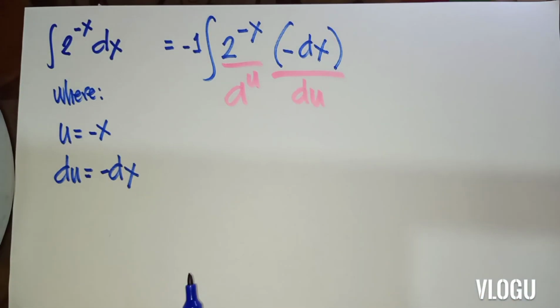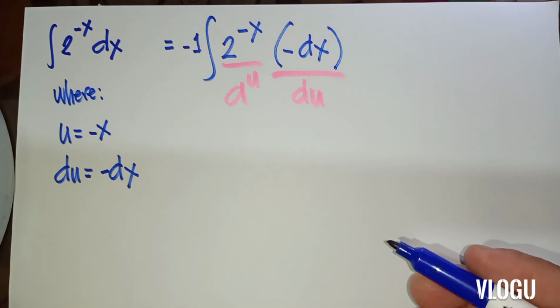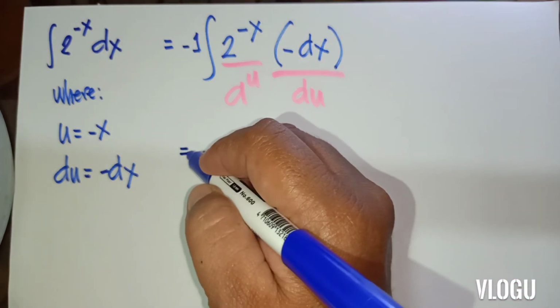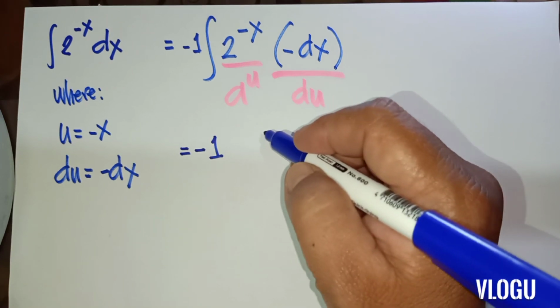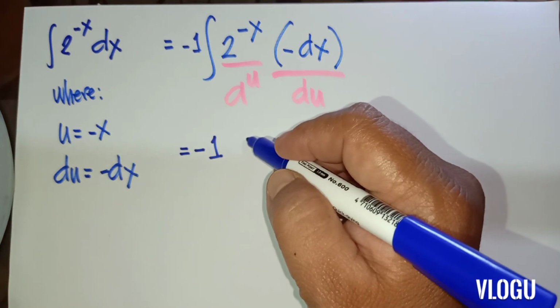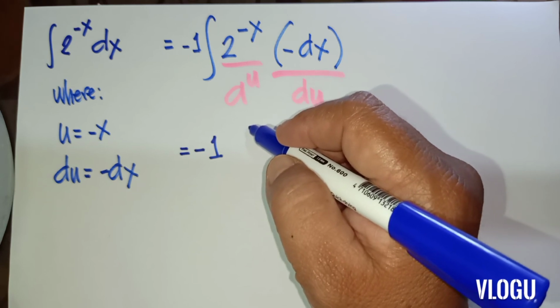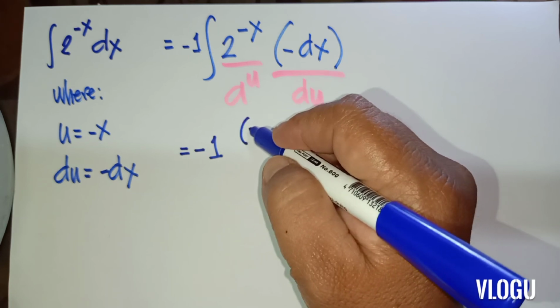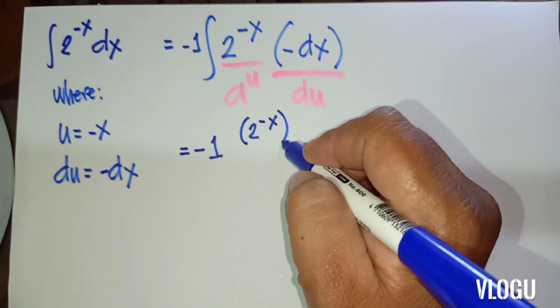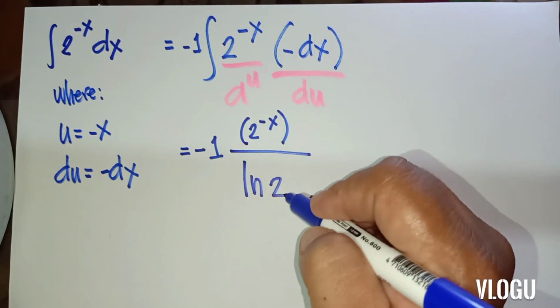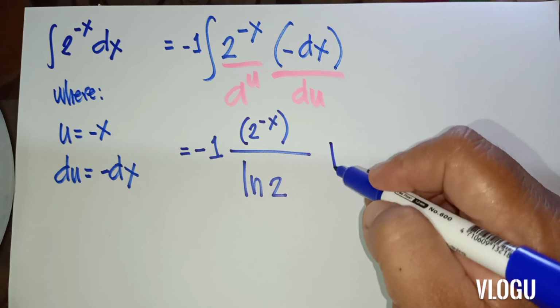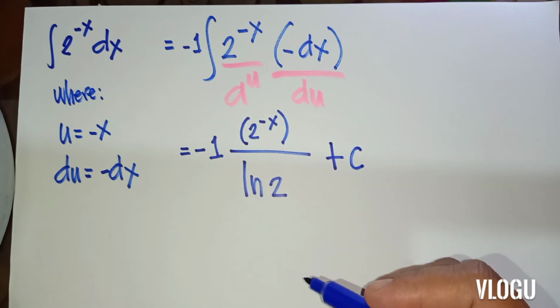So it is a form of a to the u du. So we will have negative 1, then 2 to the negative x over ln of 2 plus c.